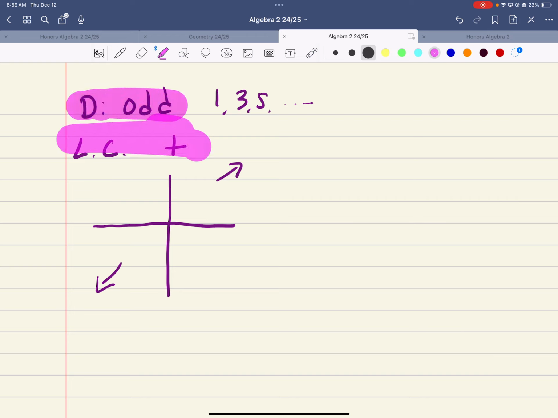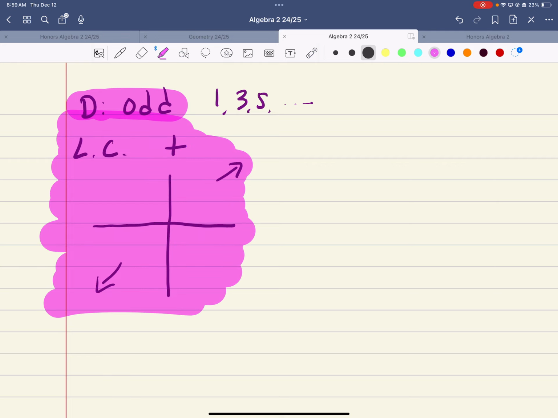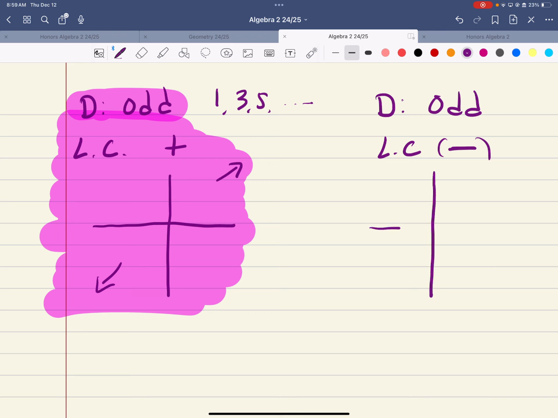So odd and positive is the first and third quadrant. The only other one you can have is the degree odd and the leading coefficient negative. If that happens, our end behaviors are in the second and fourth quadrant.